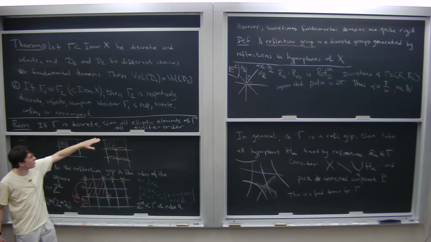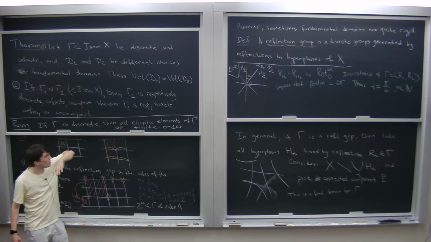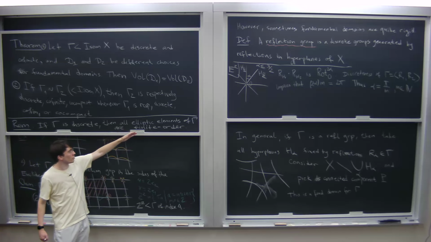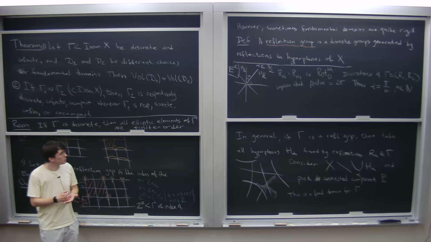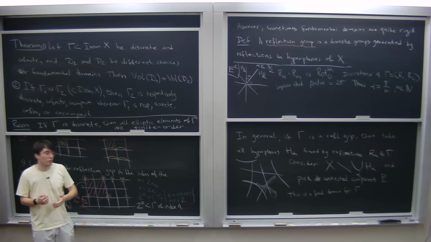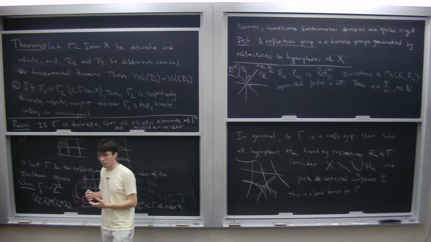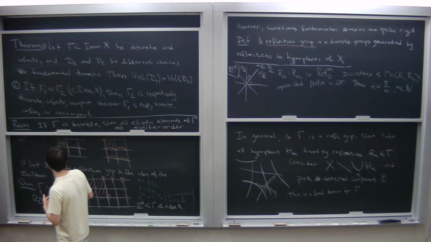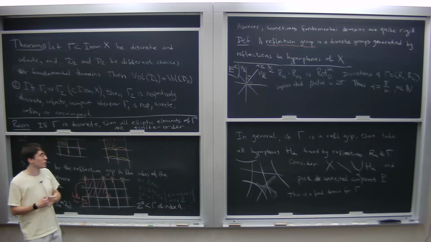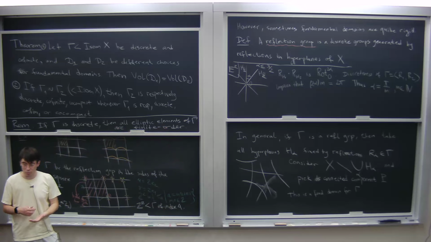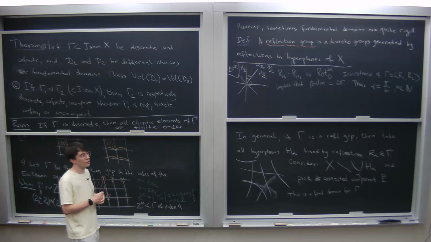Why? I don't even need the theorem you asked about. If an isometry is elliptic, it fixes some point in the space, so it belongs to the stabilizer, and the stabilizers are finite.